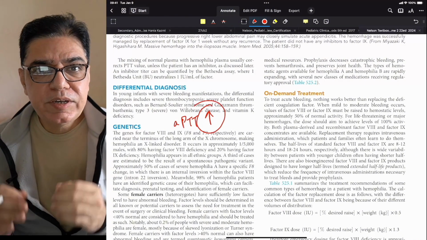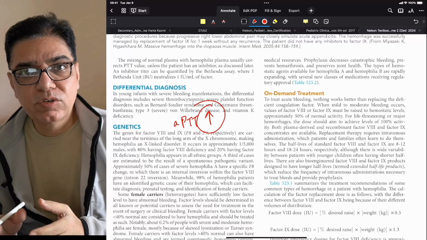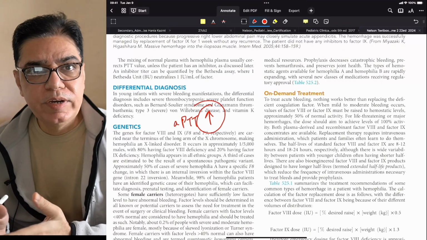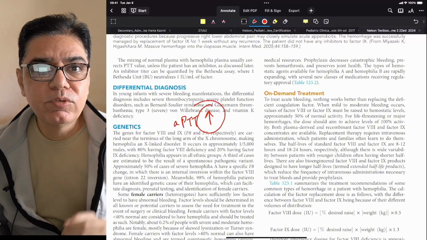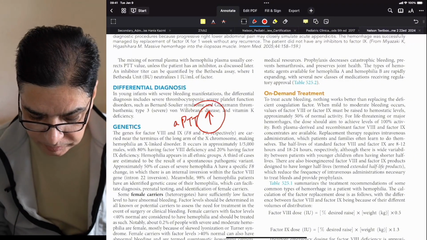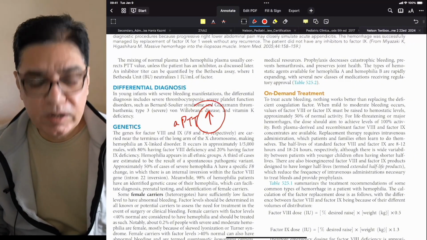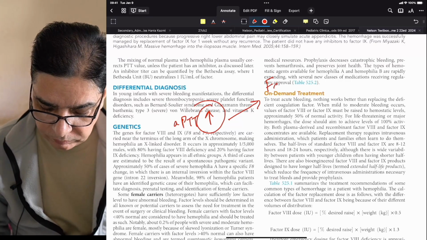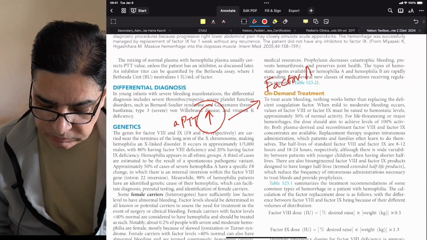If the APTT is prolonged and the child has clinical suspicion of hemophilia or factor deficiency, then the next step would be to do the factor assays.